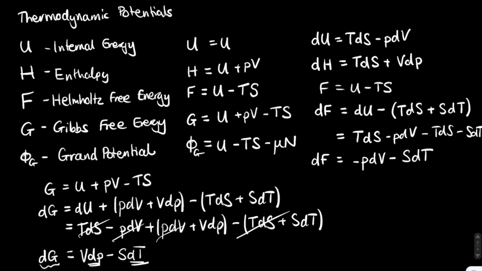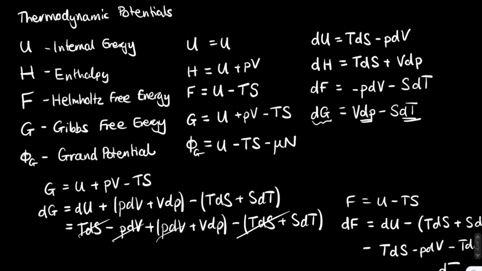If the reaction is energetically favorable, dG is negative, and dG would be positive if the reaction is not energetically favorable. And that's why it's used a little bit in chemistry. So those are the differentials for the Helmholtz free energy and the Gibbs free energy. The Helmholtz free energy is minus PdV minus SdT, and the Gibbs free energy is VdP minus SdT. And so there we go.